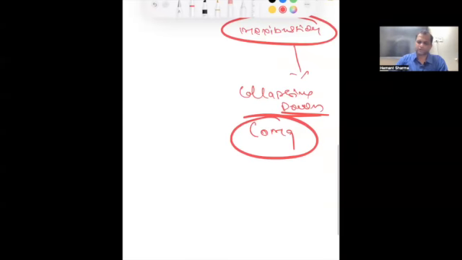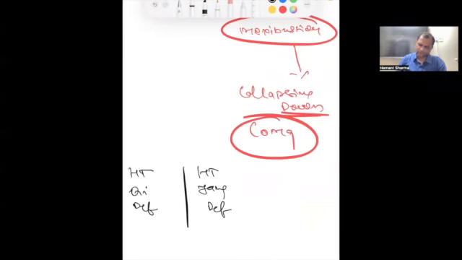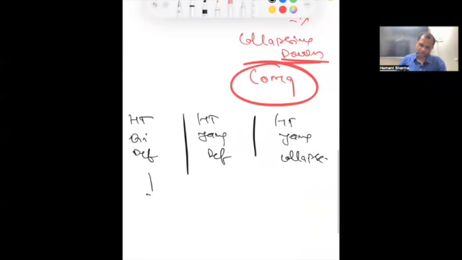So now remember 3 things. Number 1, heart chi deficiency. Number 2, heart yang deficiency. Number 3, heart yang collapse. Heart chi deficiency is from normal sadness and all. Heart yang deficiency means these things for a prolonged time.